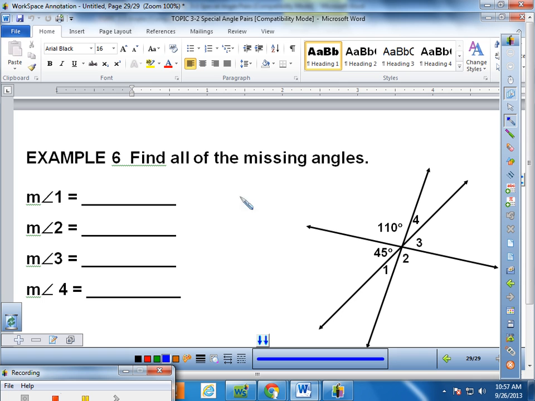They want me to find the measure of angle 1, 2, 3, and 4. So what angle is directly across from the 45? Angle 3. They are vertical. So angle 3 is also 45 degrees.